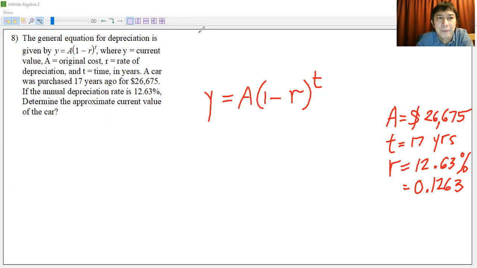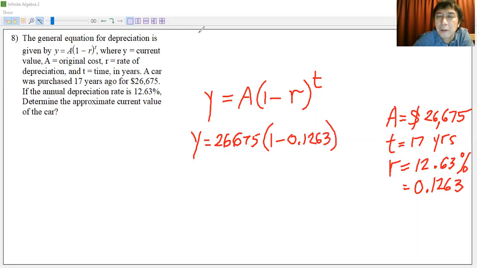We can compute for Y, the approximate current value. All right, so direct substitution, this will be 26,675 times the quantity 1 minus, let's use the decimals, 0.1263 raised to the power 17 years. There. And so we shall compute.